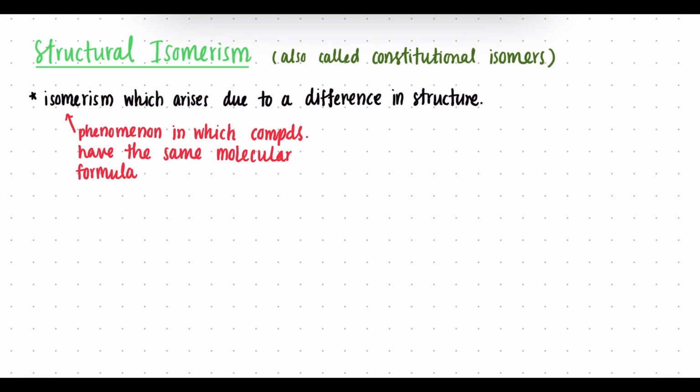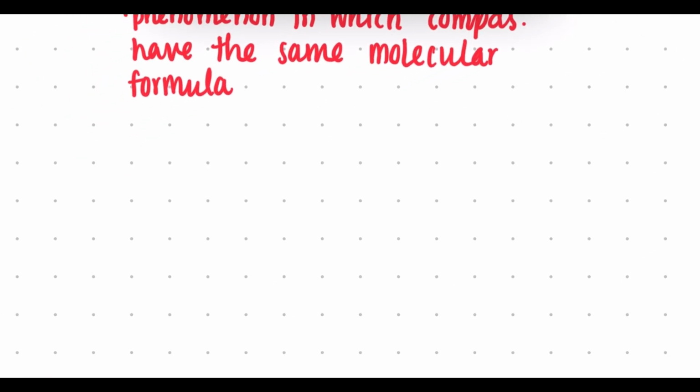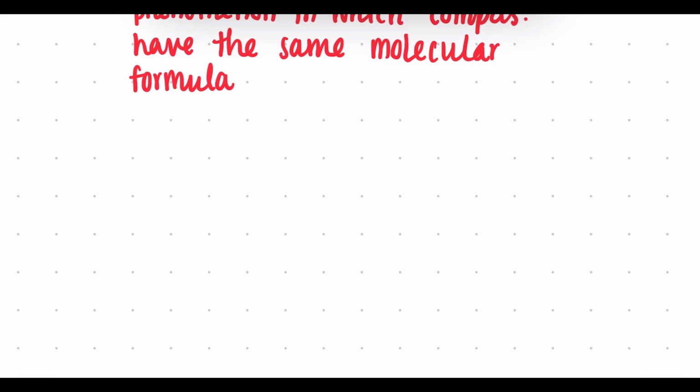So when the molecular formulas are the same for two or more compounds, and their structures are different, then we would have structural isomers. When it comes to structural isomers, we have four different types, and the first type is called chain isomerism.